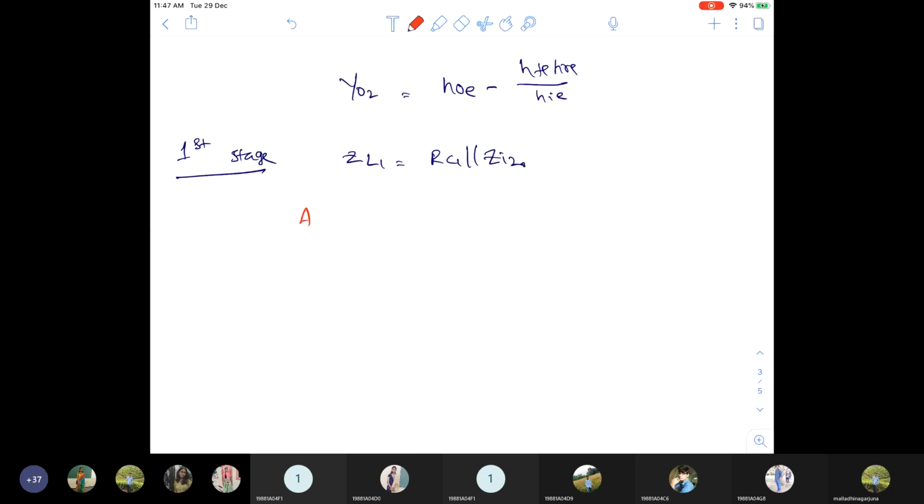There is no other change. So you can write AV1 is equal to A1 into ZL1 by Zi1. A1 equal to minus HFE by 1 plus HOE into ZL1.